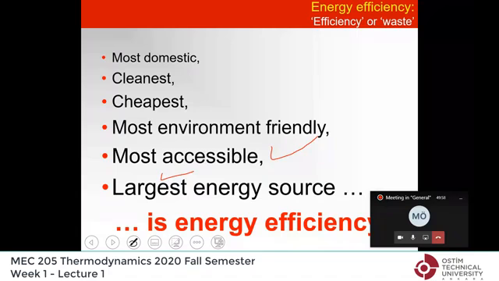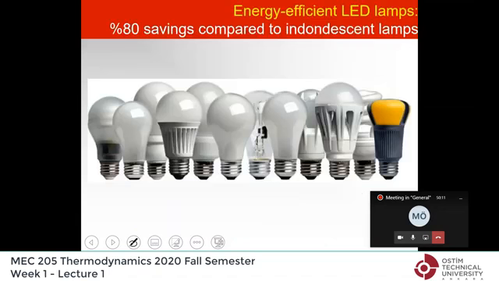That means you are meeting your new energy needs simply using energy efficiency instead of building new power plants or mining new sources. For example, lights. By using LED lamps instead of the old incandescent lamps, you can reduce your light energy usage to 1/5. That is 80% savings. They are more expensive at the beginning, but if you consider the lifetime, you save a lot of money.